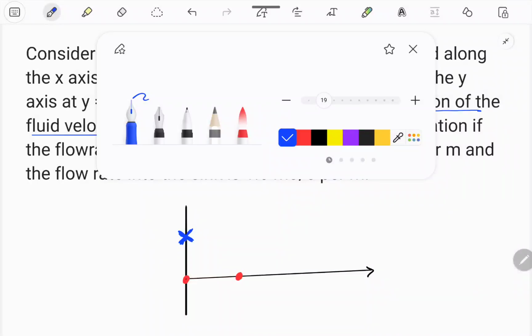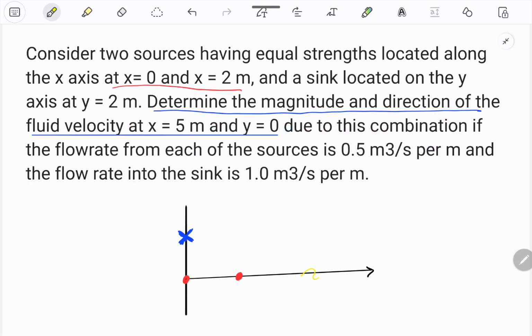So the question, the point we're interested in, I'm going to make them yellow. Y equals 0 is this, and x equals 5. So I think it's worth telling you that this is 5.